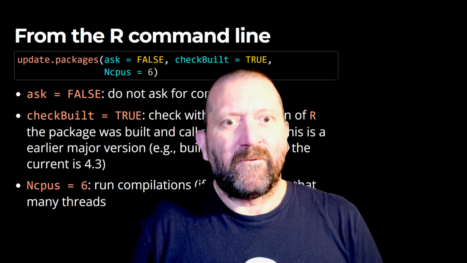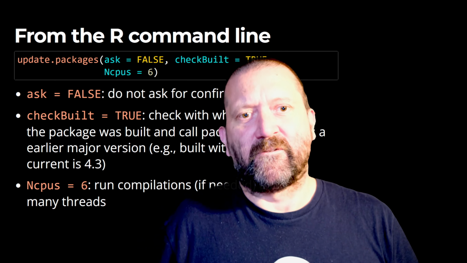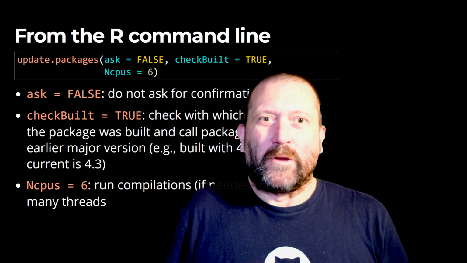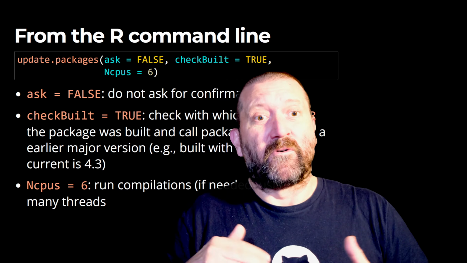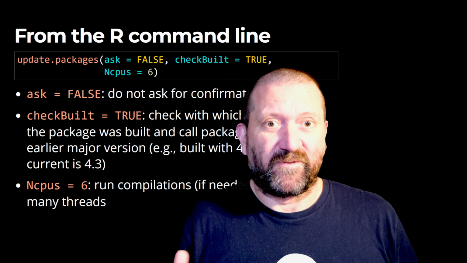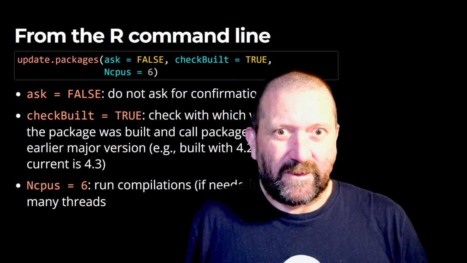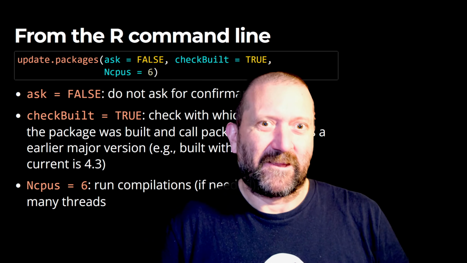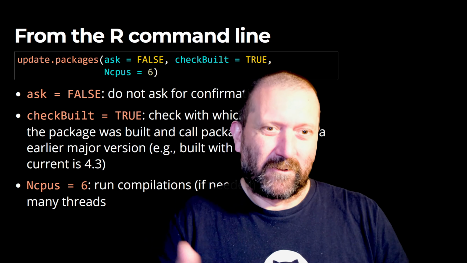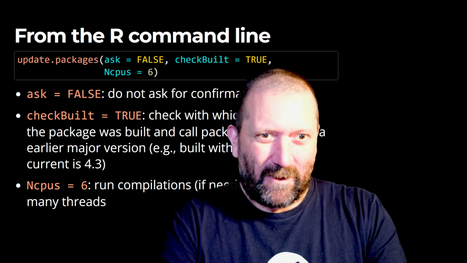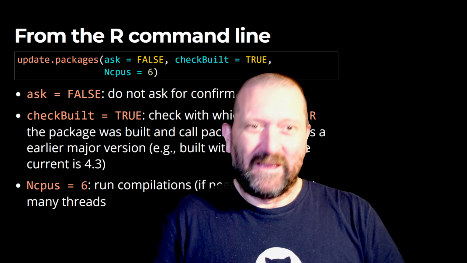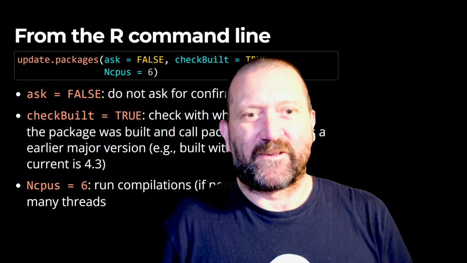It just says when you're doing compilation of packages, especially during these updates, you can use a certain number of parallel processes to do so. So for example, here this is saying you can compile 6 packages essentially at the same time, or you can compile 6 different files in the same package at the same time instead of proceeding just sequentially.